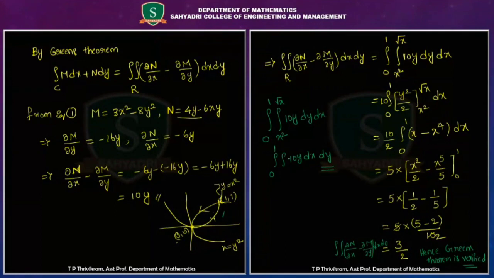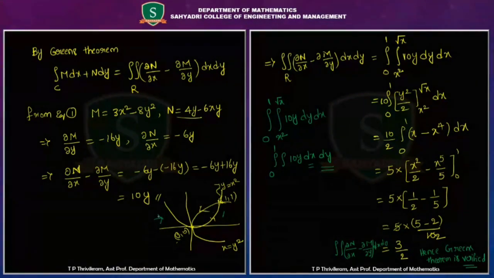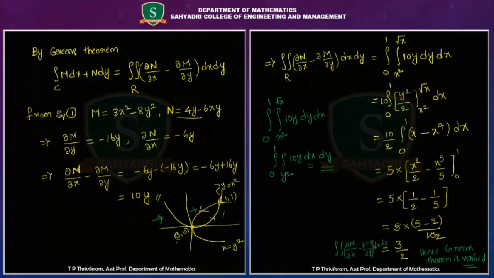Okay. Next, the second one, dx. So dx means in horizontal manner you have to check. In the horizontal manner, what is the first curve? x equal to y square, right? So x you have to write in terms of y, so y square we get here. Next, where does it end?